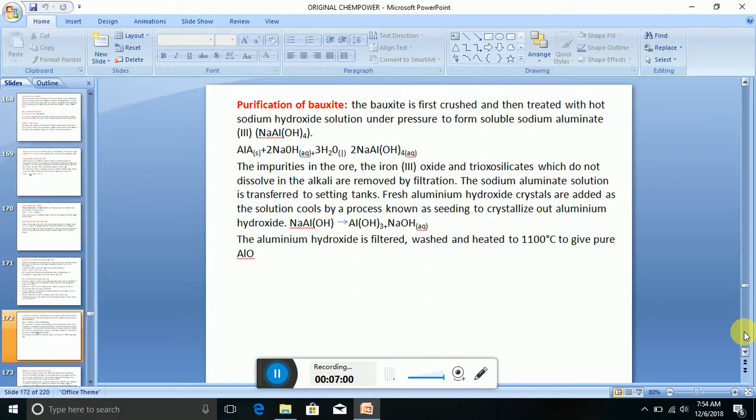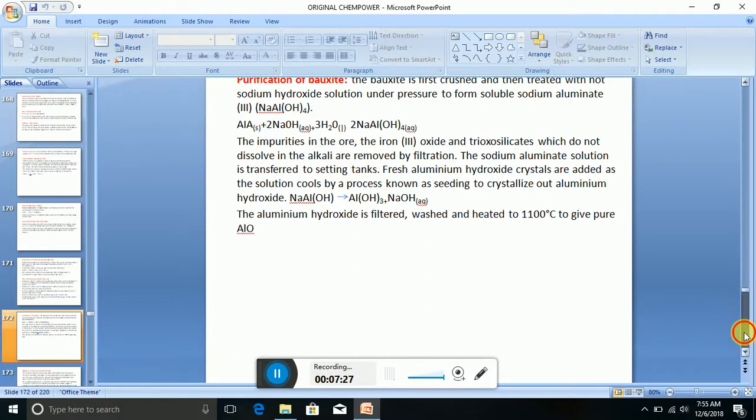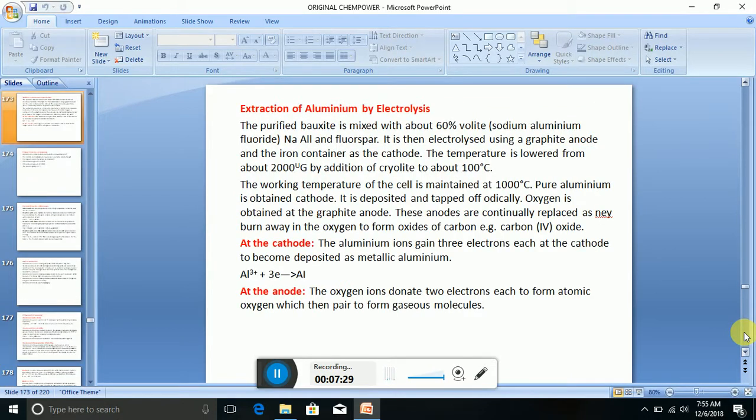The sodium aluminate solution is transferred to tanks. Fresh aluminum hydroxide crystals are added as the solution cools, by a process known as seeding, to crystallize out aluminum hydroxide. The aluminum hydroxide is filtered, washed and heated to give pure aluminum oxide. And that is how aluminum oxide is formed.